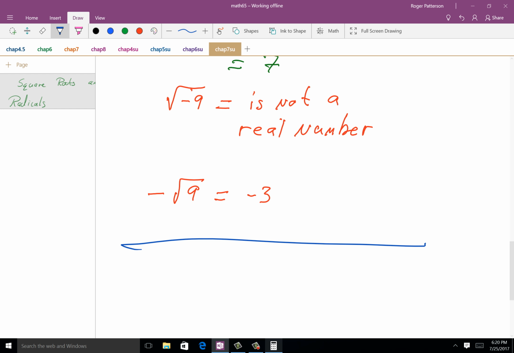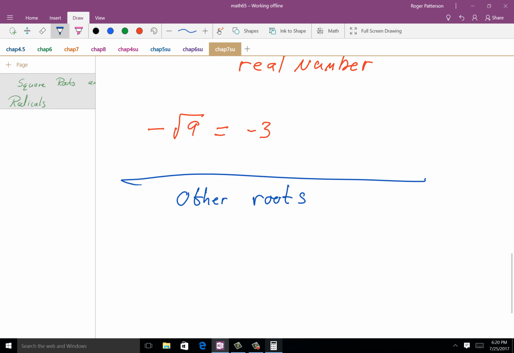Okay, so along with square roots, in 7.1 they talk about other roots. So I'm just going to put down here other roots. And the first one is a cube root.